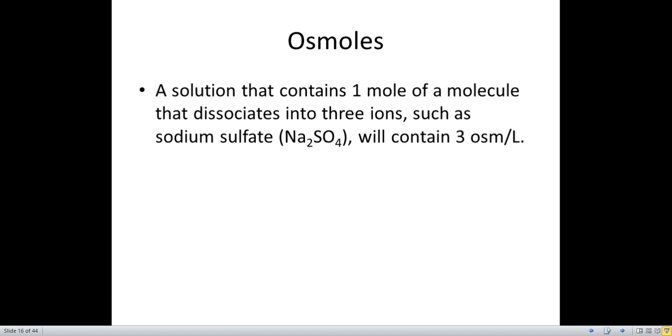Similarly, a solution that contains 1 mole of a molecule that dissociates into 3 ions, such as sodium sulfate, will contain 3 osmoles per liter.